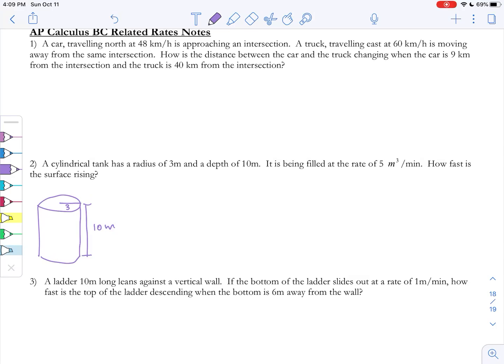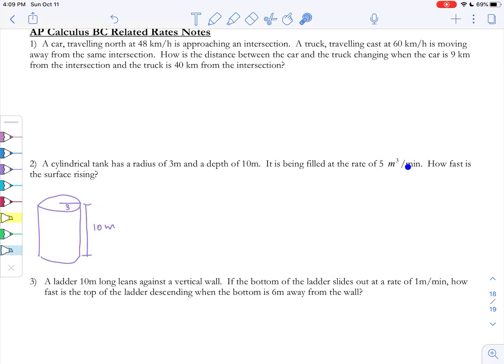So when we're filling a cylindrical tank, the radius isn't changing, it stays constant at 3 meters, while as the water rises, we can see that the height of the water level is going to change with respect to time. And also pay attention to the units of measure.